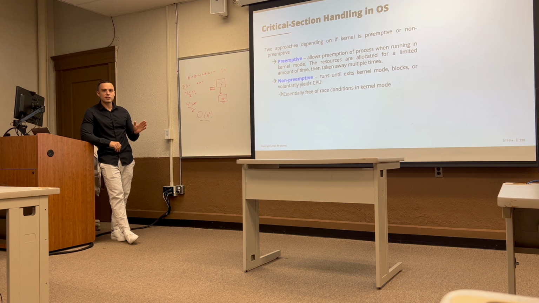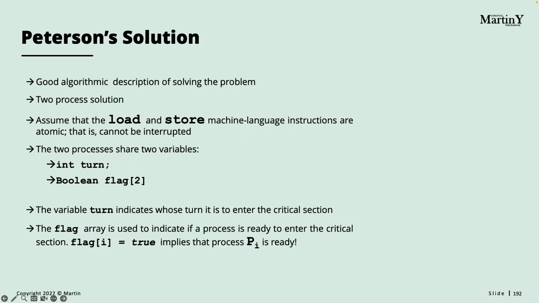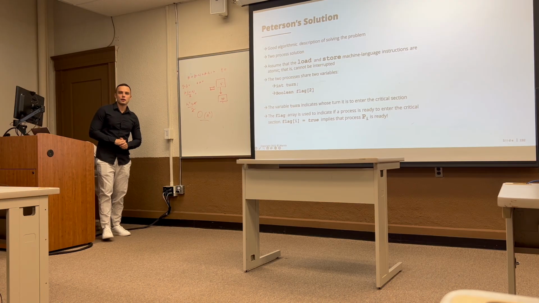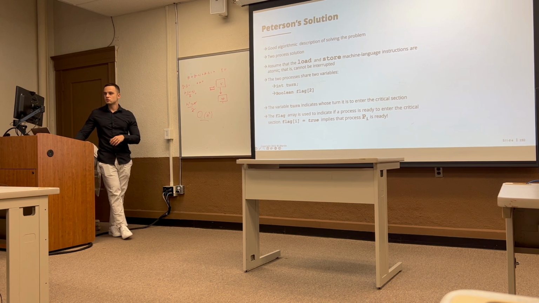They're going to do that voluntarily. So this means that if a process goes into kernel mode, it's going to complete its work, and after that it's going to get out. Normally, for the non-preemptive processes, once they go into kernel mode, they just run until they complete.